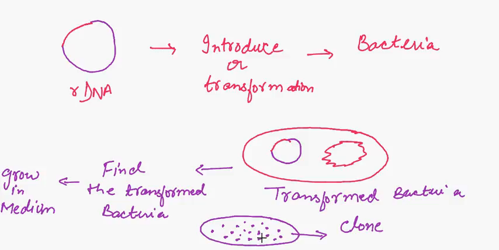So we have two kinds of clones here. One is the bacterial cell clone, another is our gene that we introduced. So this is how we have amplified, we have multiplied the gene of our interest. Suppose we took the insulin gene.